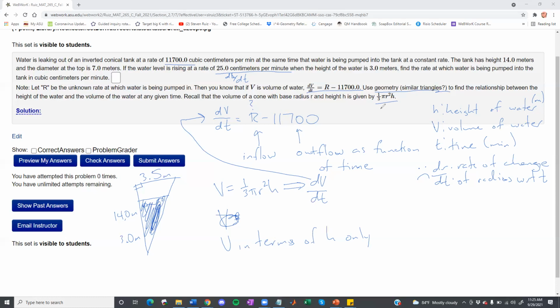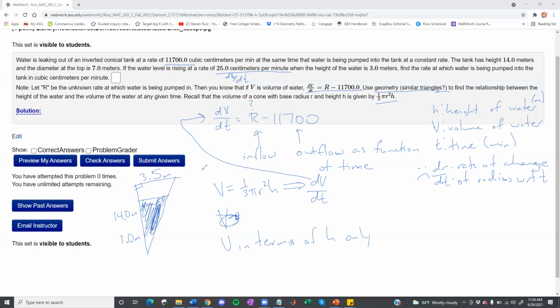Well, I think that you should. I think we're hitting on two different issues there. Get all your lengths in terms of centimeters. So don't call it 14 meters, call it 1400 centimeters or whatever your height is.